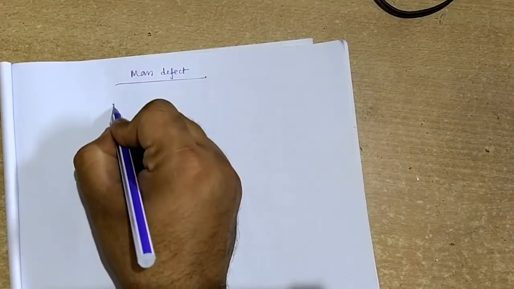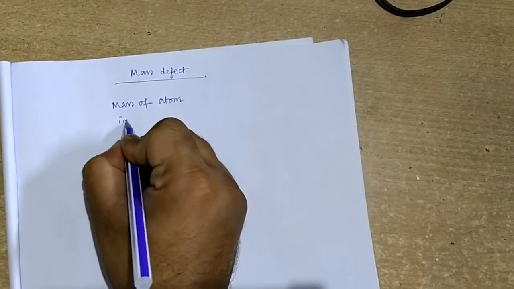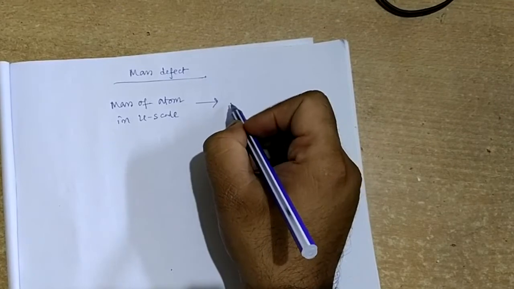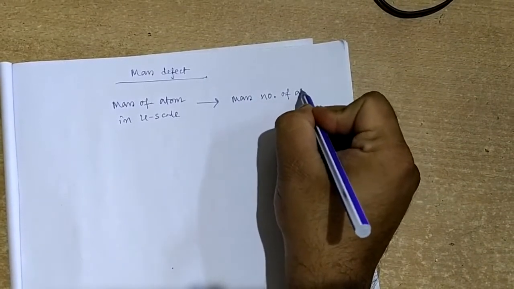That means the mass of an atom in u scale very nearly equals the mass number of the atom.